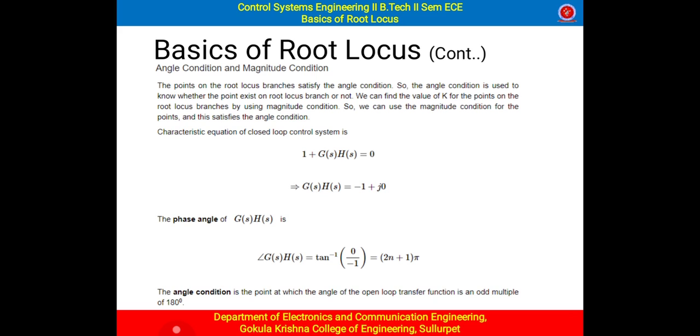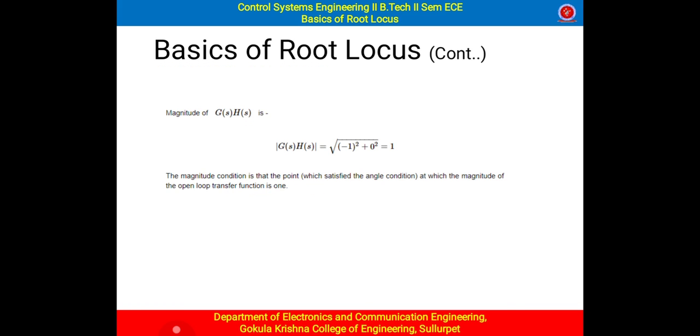So here b is 0, a is minus 1. We are going to get tan inverse of 0. So what is tan inverse of 0? (2n+1)π. So π is 180, and 2n+1 is an odd number, so it is an odd multiple of 180. So this is the angle condition, and coming to the magnitude condition.